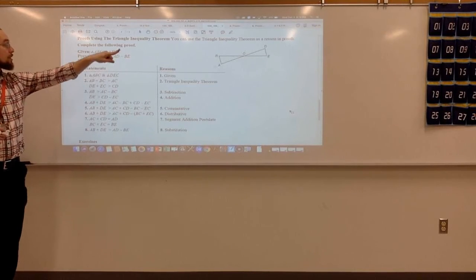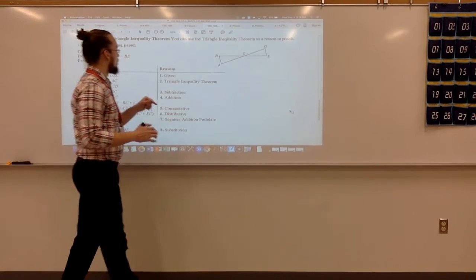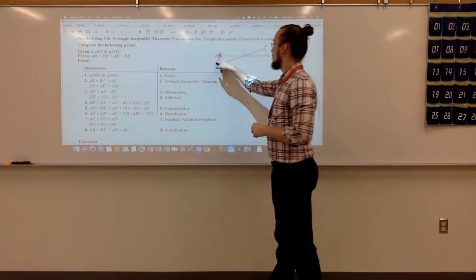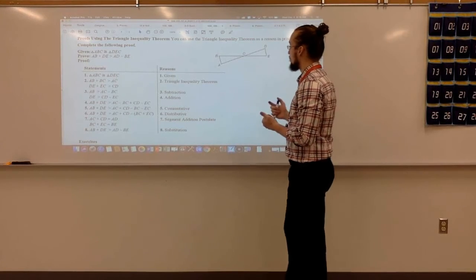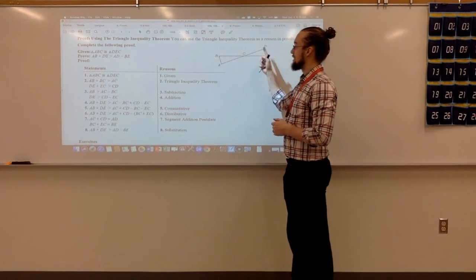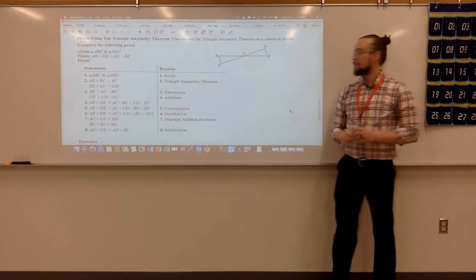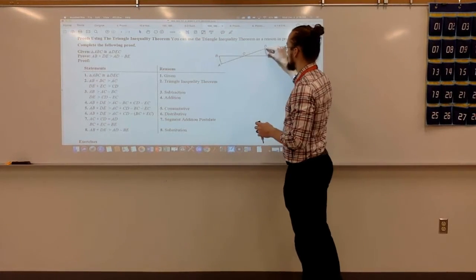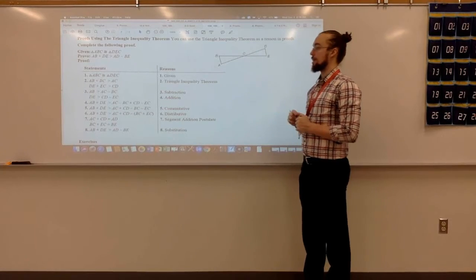They give us that these two triangles are congruent in this example, and they want us to prove that AB plus DE is greater than AD minus BE. So the sum of these two sides is greater than the difference of these two lengths here.